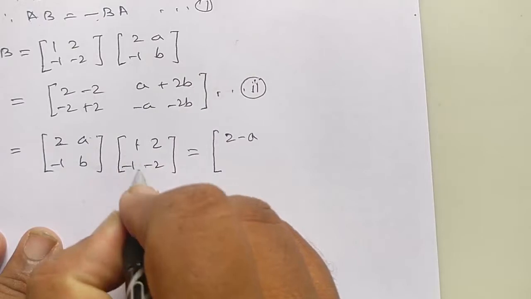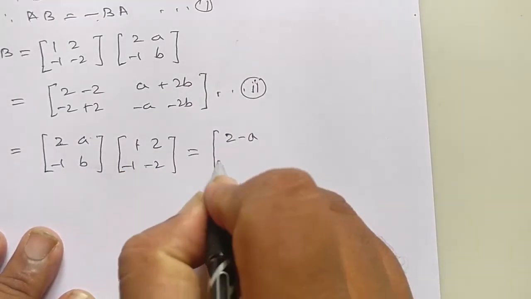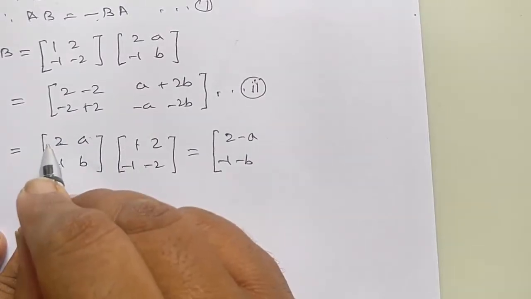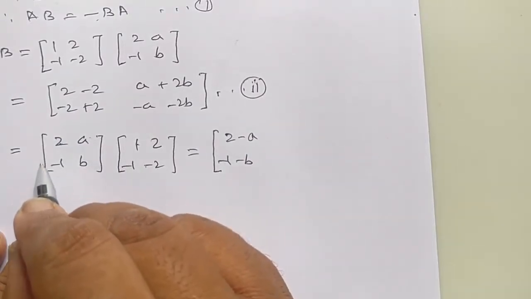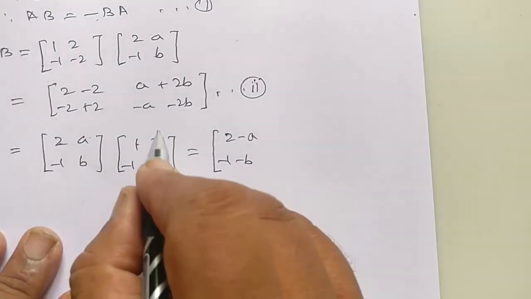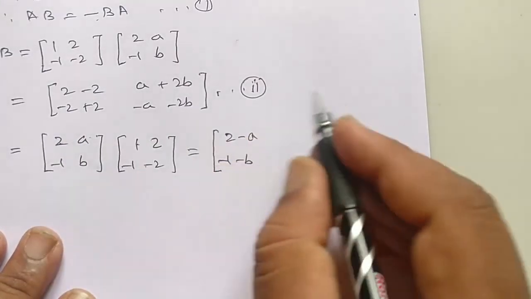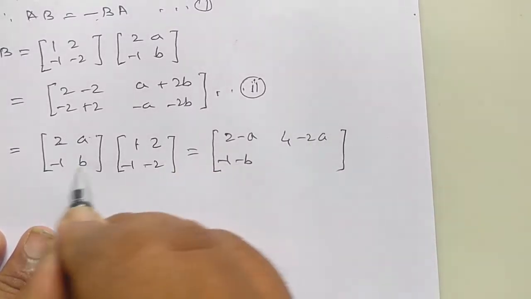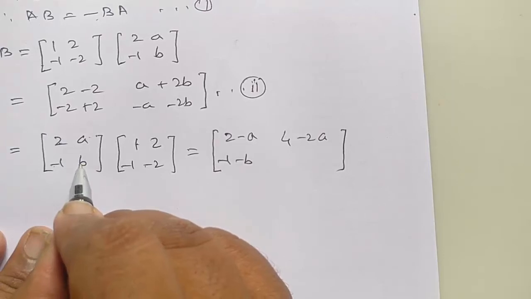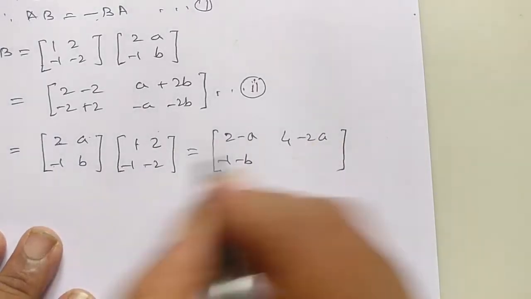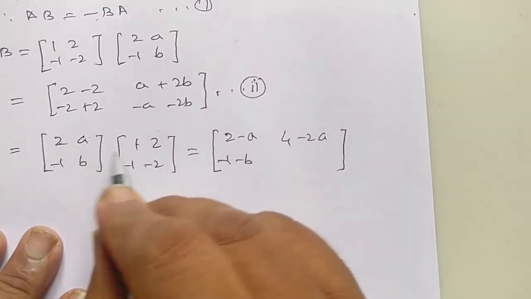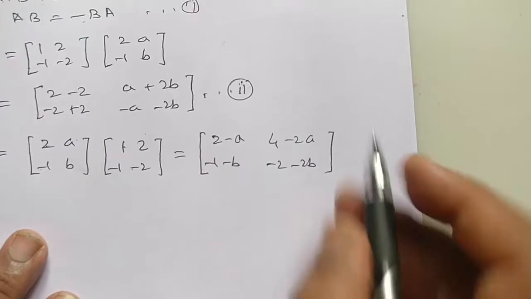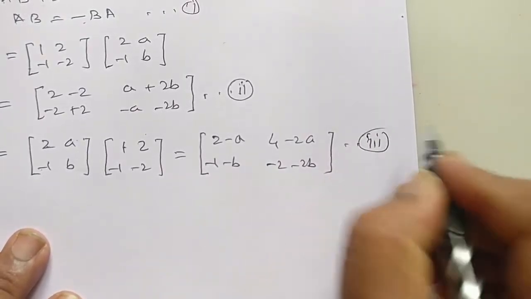Second row, first column: minus 1, minus b. Now first row, second column: 4 minus 2a. Second row, second column: minus 2 minus 2b. This is number 3.